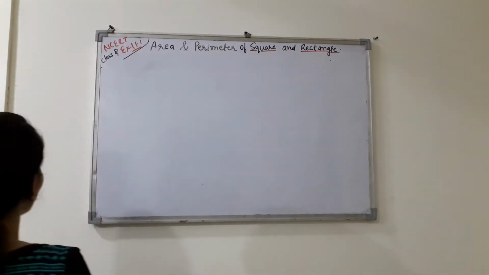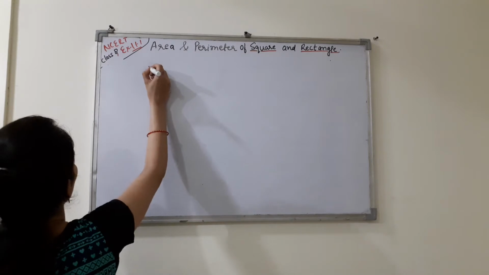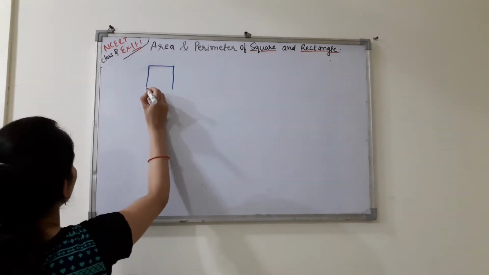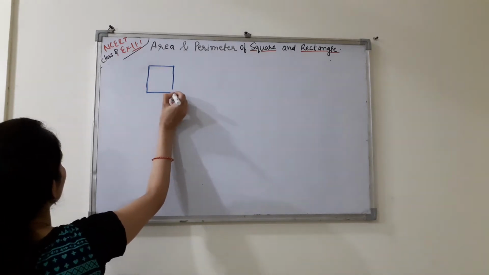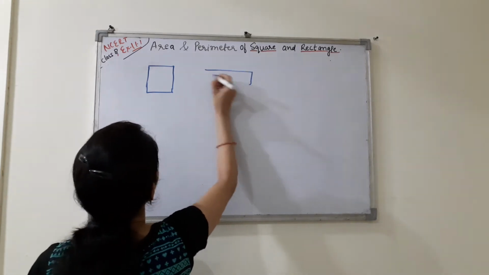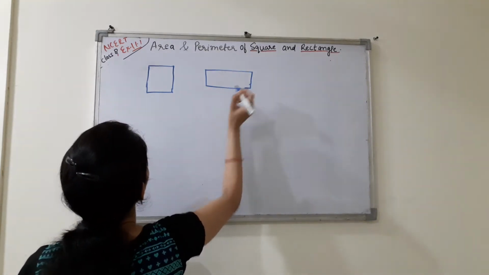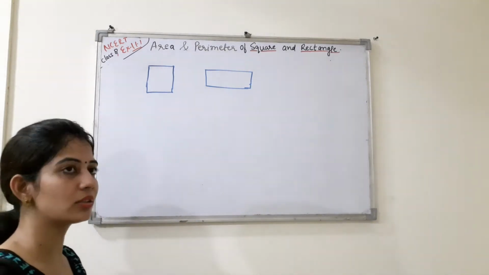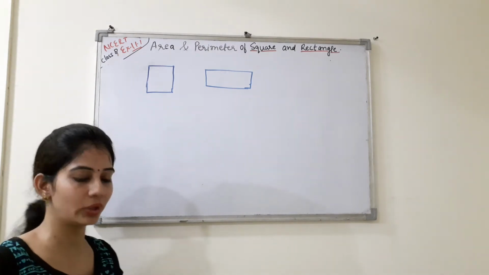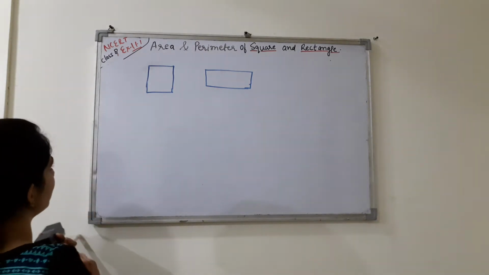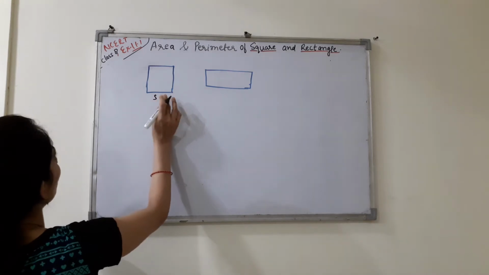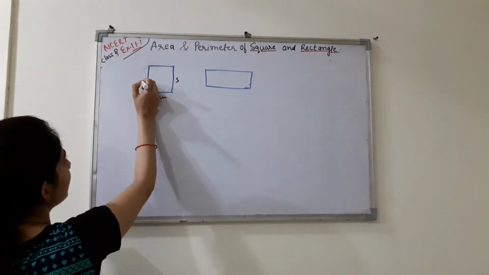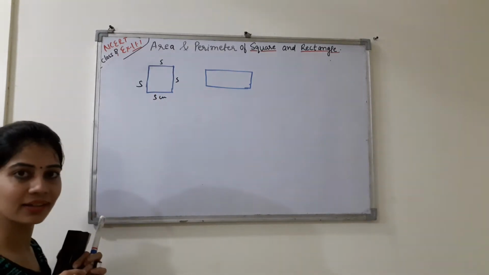Okay, so this is your square, right? And this is your rectangle. As we know, all the sides of a square are equal. So if it is s centimeter, or s, it will be s, it will be s, and it will be s, right?